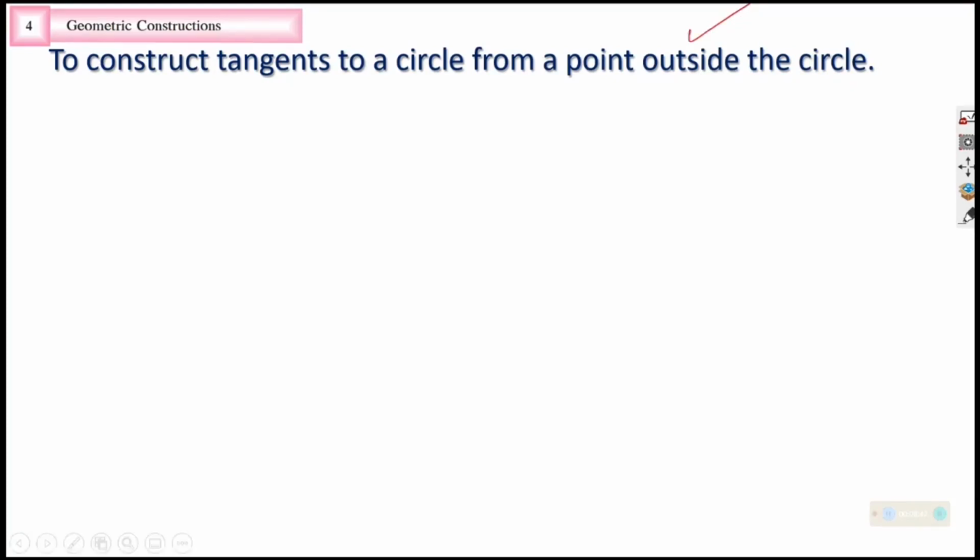To do this again you have to use a certain principle. What principle can be used?